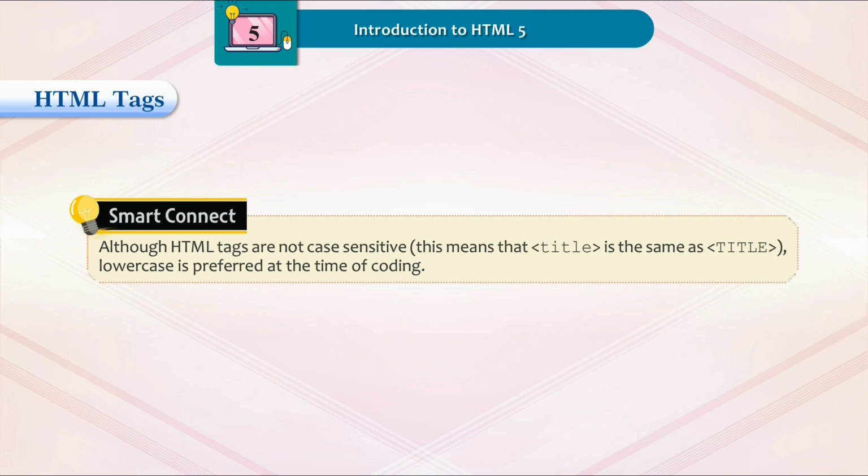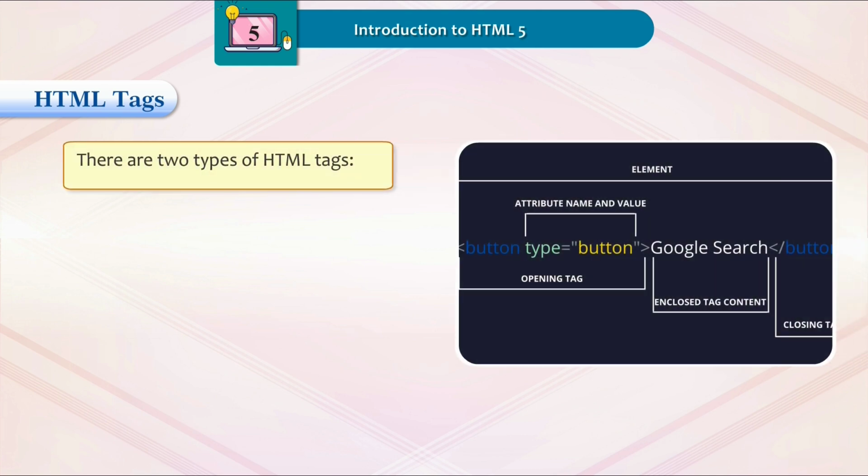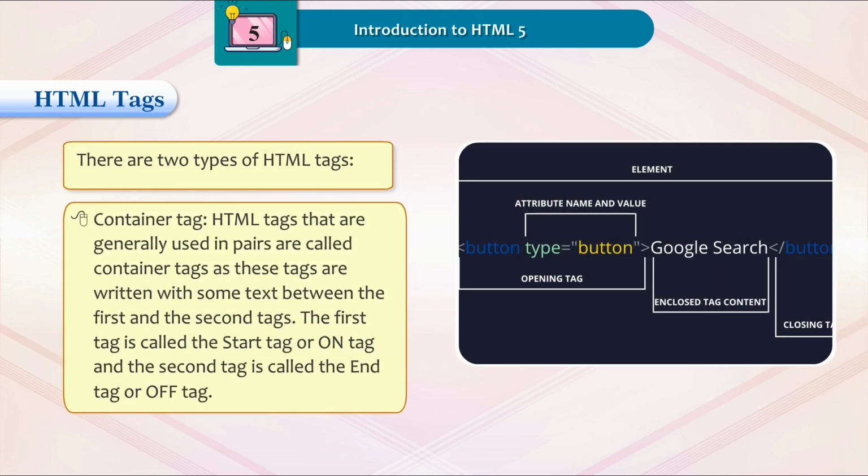Although HTML tags are not case sensitive, this means that TITLE is the same as title, lowercase is preferred at the time of coding. There are two types of HTML tags. Container tag. HTML tags that are generally used in pairs are called container tags, as these tags are written with some text between the first and the second tags.